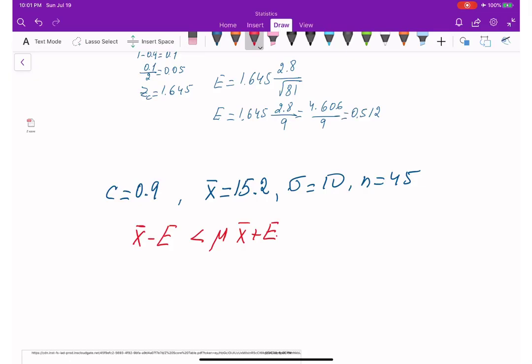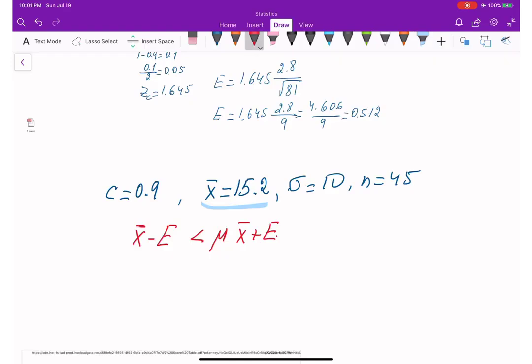All right, that's a confidence interval. That's what we need to find. Let's see what we have and what we don't have. We have x bar, right? It's right here. What we don't have is our margin of error.